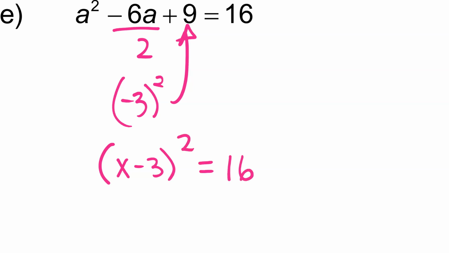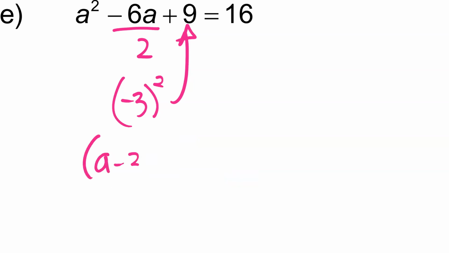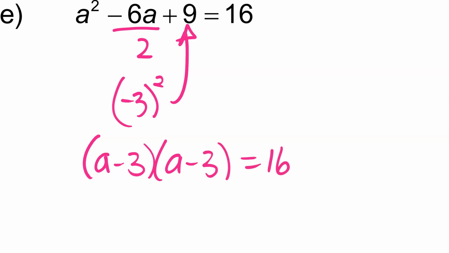That was a lot in one step. Let me do it in 2 steps instead. So I could rewrite the left side as a minus 3 times a minus 3 equals 16. I could write that as a minus 3 squared equals 16.